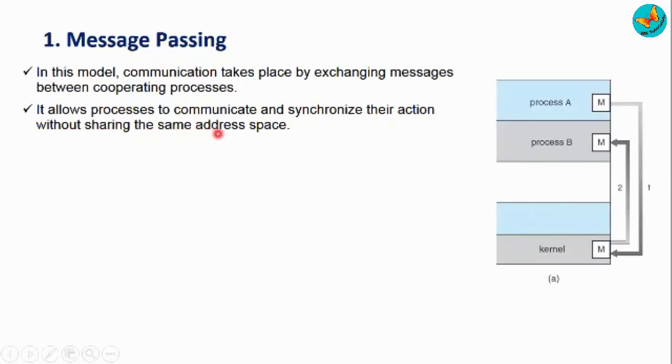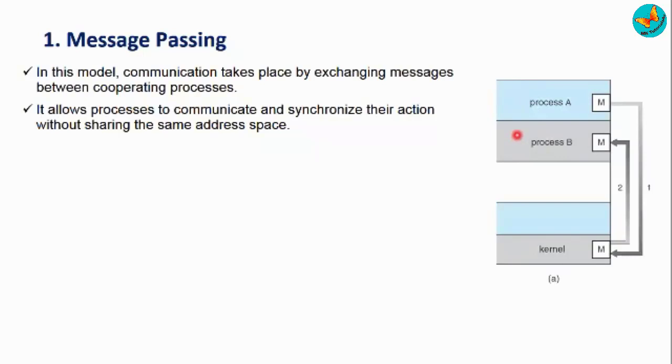This type of model is particularly useful in a distributed environment, where communicating processes may reside on different computers connected by a network. If you recall, in distributed operating systems, I have explained that different computers may be present at different places geographically.